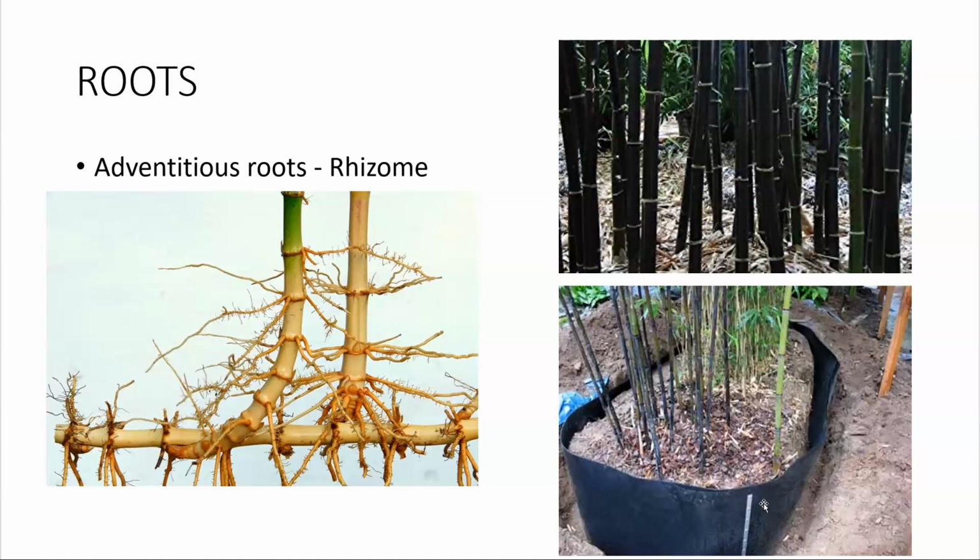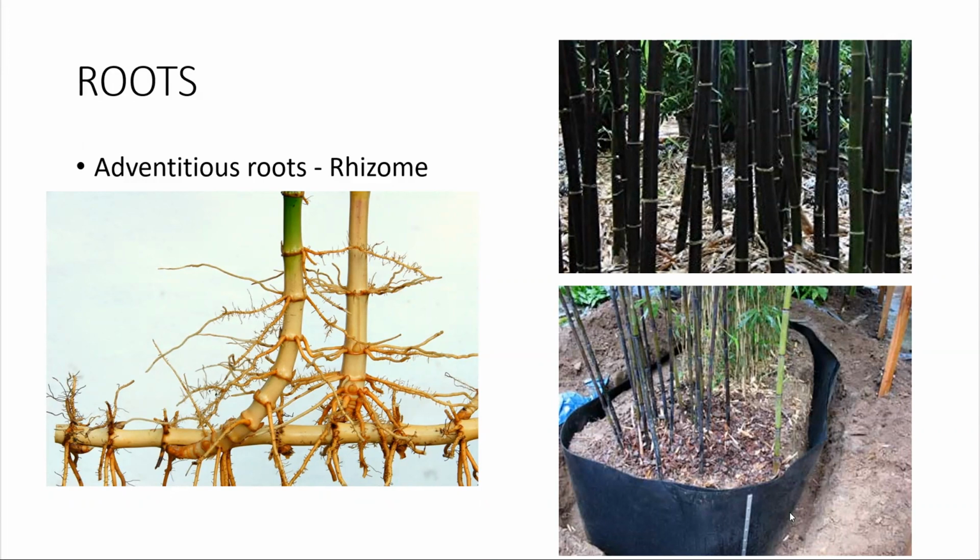So doubling that up is important, and then sealing the sides. Generally, that'll do it. Anyways, back to rhizomes and adventitious roots.